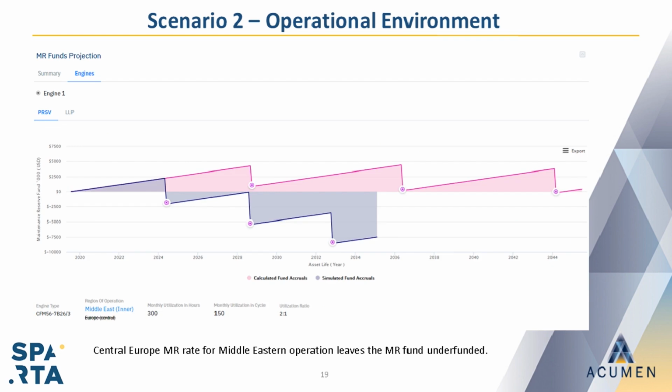Again, the change in operation can be modelled and overlaid onto the MR funds projection for the Central European operation. And we can see in this example, not only have we got underfunded reserves from the first shop visit onwards and earlier removals, we now have 3 removals in the Middle Eastern operation before we have reached 2 removals in the European operation.